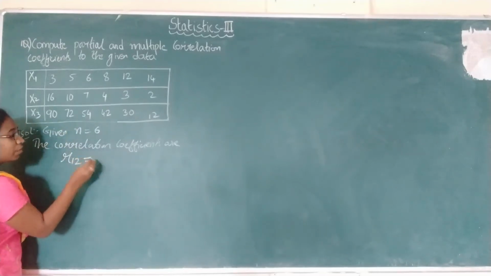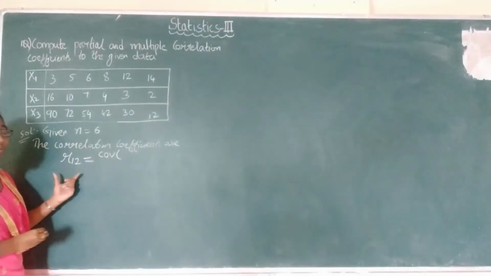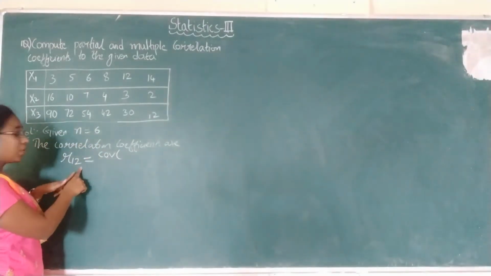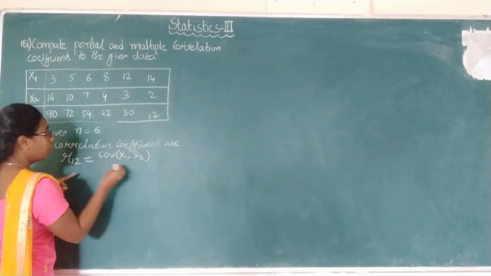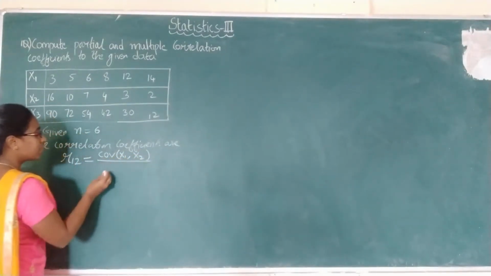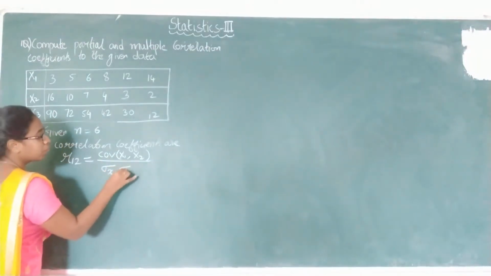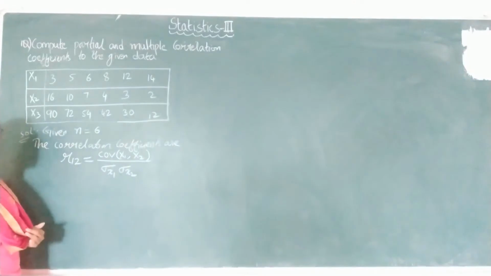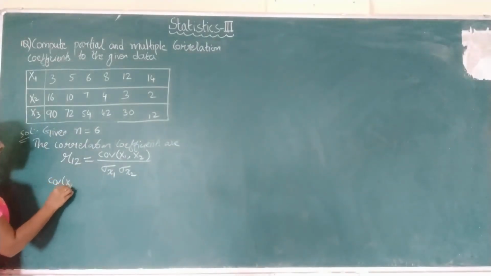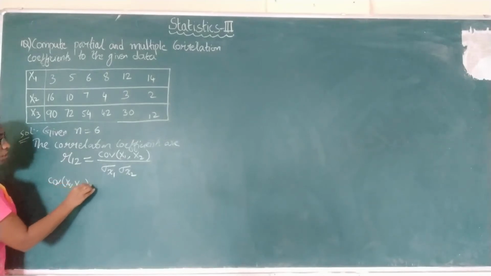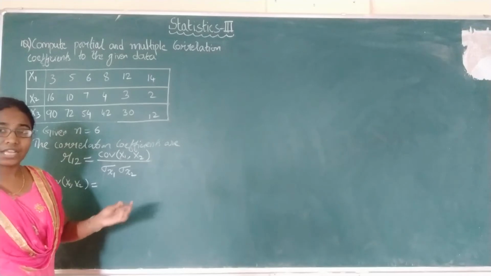So what is the formula? Covariance of x comma y. Here the variables are x1 comma x2: covariance of x1 comma x2 divided by sigma x1 into sigma x2. What is the covariance of x1 comma x2? Generally the covariance formula is 1 by n summation xi yi.